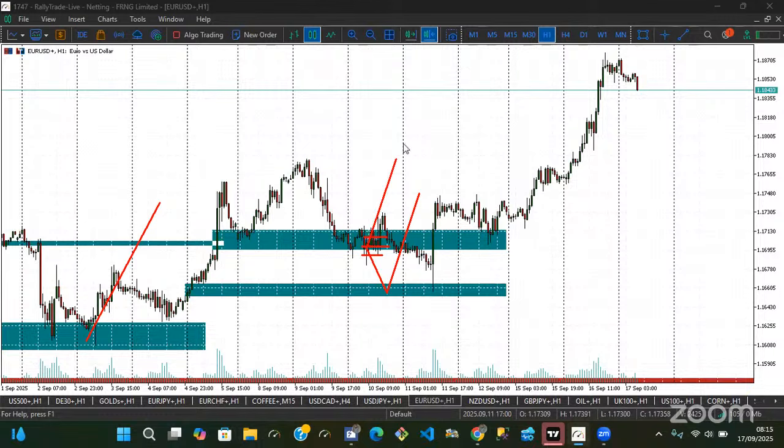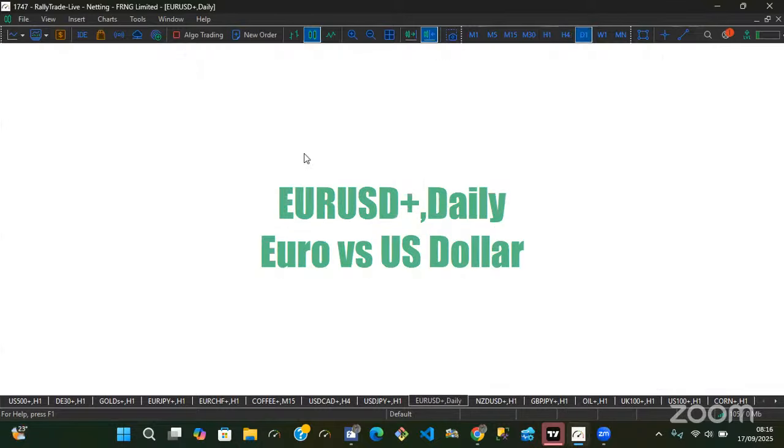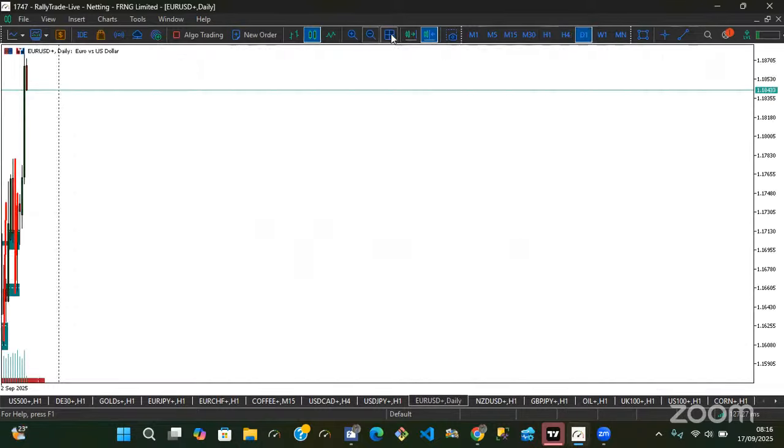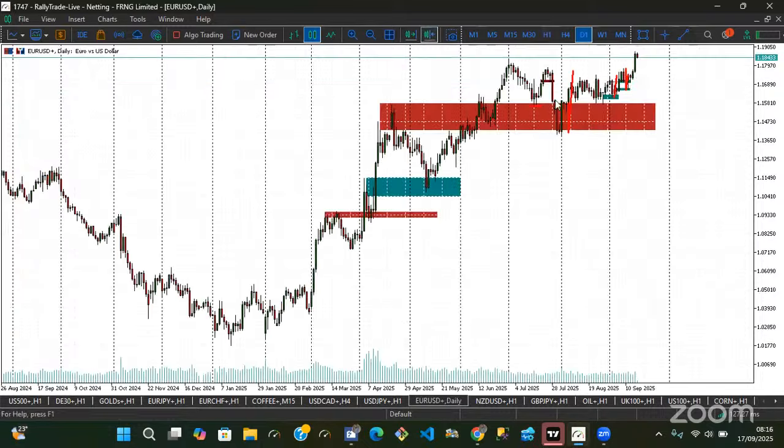We could see that Euro USD has been on the upside from my daily time frame. So what you should have been doing to the euro dollar is buying. I'm back to my 1 hour now.